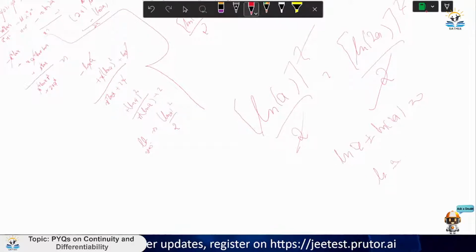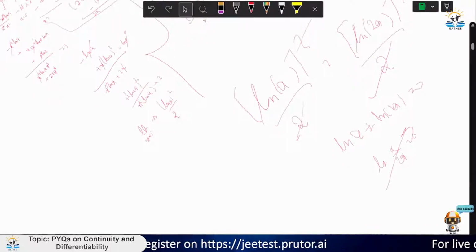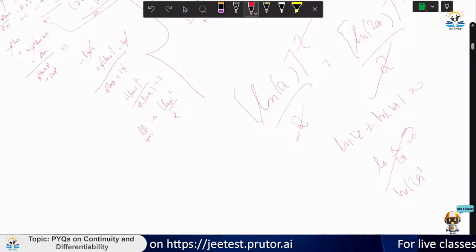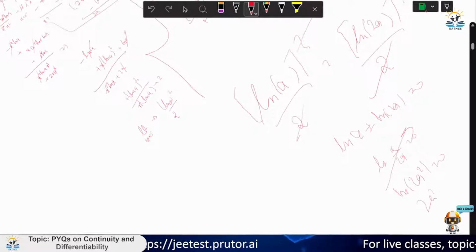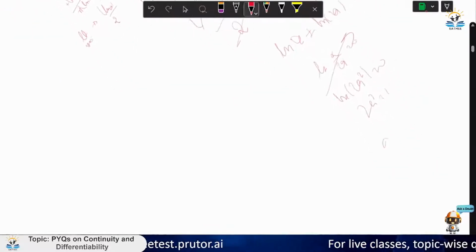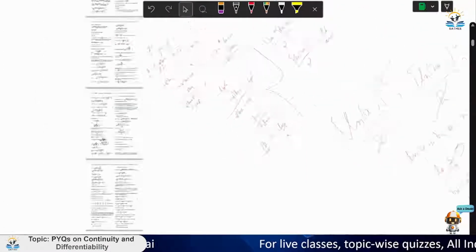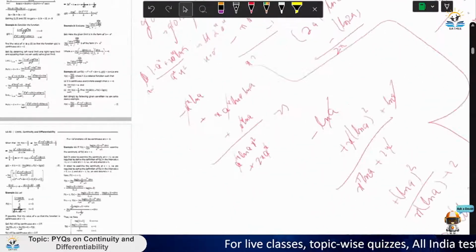Minus won't work because ln of a by 2a equal to 0 is not valid. So plus would only work. So ln of 2a square should be equal to 0, so 2a square should be equal to 1. A can be equal to plus minus root 2. This is what we get. A is equal to plus minus root 2.